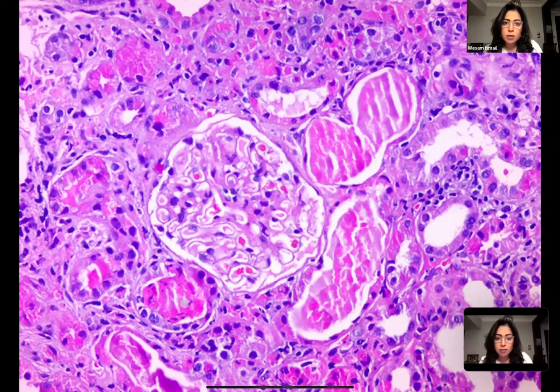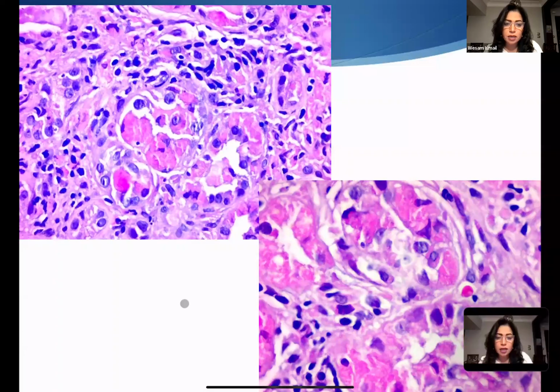The epithelium of his proximal tubules appeared to be quite plump and very granular. As you can see on the upper left picture, it's very eosinophilic, and it seems there was something there within the proximal tubular epithelium, and it was limited to the proximal tubules. The distal tubules appeared to be fine.